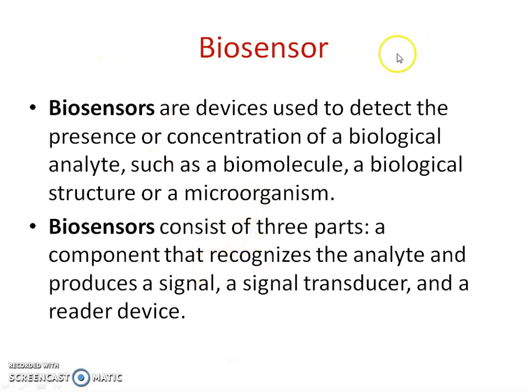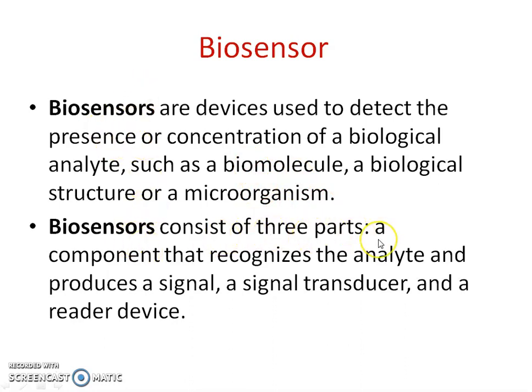And the last sensor is the biosensor. Friends, this biosensor is useful in the medical industry. Biosensors are devices used to detect the presence or concentration of a biological analyte. So what is this analyte? It is a biomolecule, biological structure or microorganism, like your coronavirus, that can be detected with the help of these biosensors, along with its quantity.